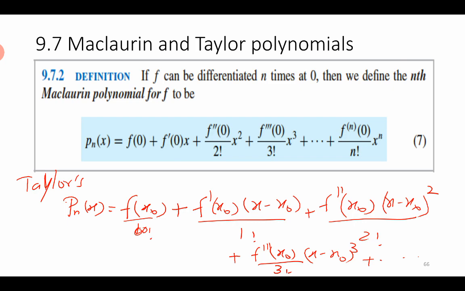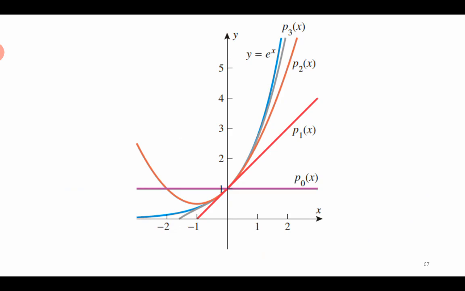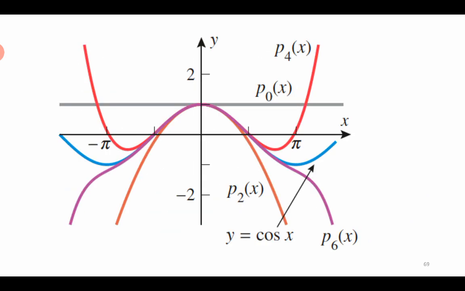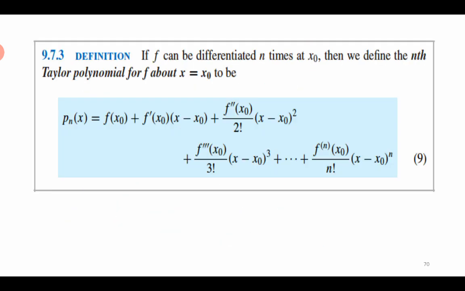So when x0 is 0, you get the Maclaurin polynomial. So remember that the Maclaurin polynomial or series is a special case of the Taylor polynomial and Taylor series as well. There is some graphical presentation of this approximation. This is the formula for the Taylor polynomial, which we have seen on the previous slide.